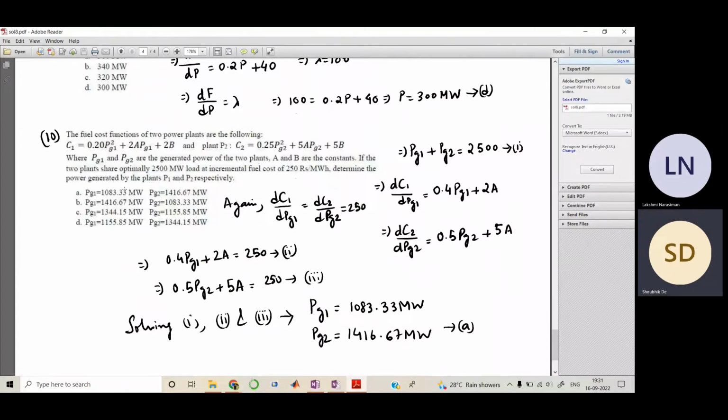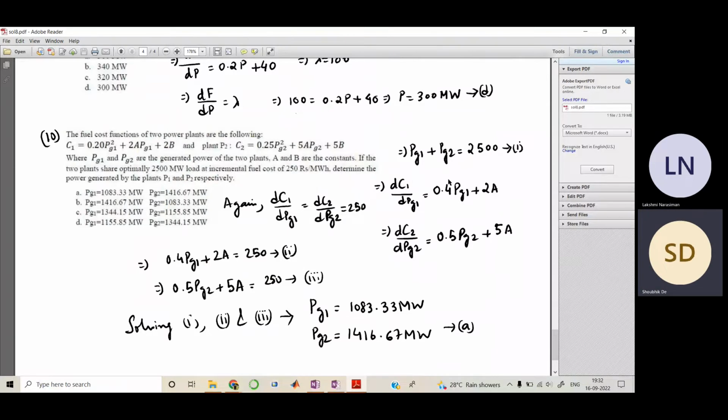If the two plants share optimally 2.5 gigawatt load at an incremental fuel cost of 250 rupees per megawatt, which becomes your dF by dP, determine the P1 and P2 values. So we have the first equation, PG1 plus PG2, because they have said the two plants share 2.5 gigawatts, so PG1 plus PG2 equals 2500.